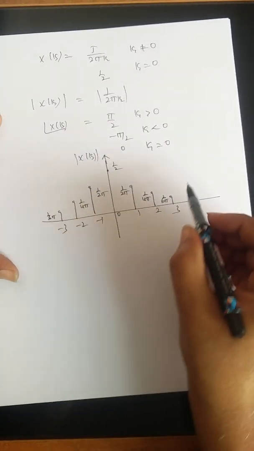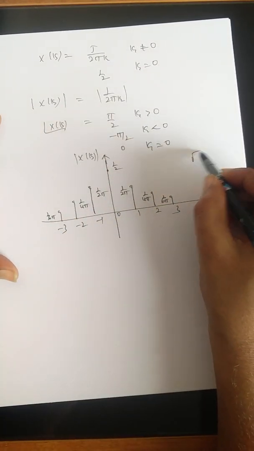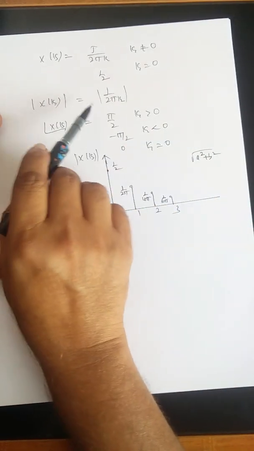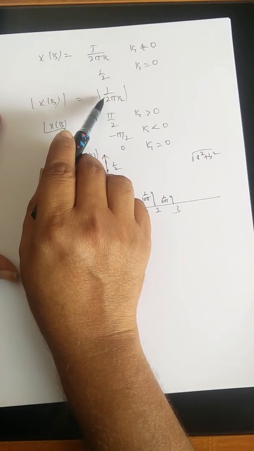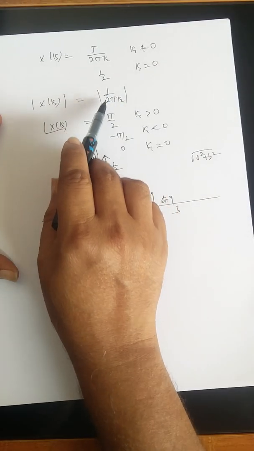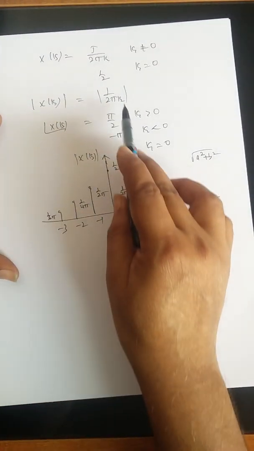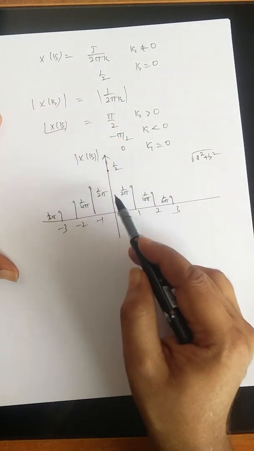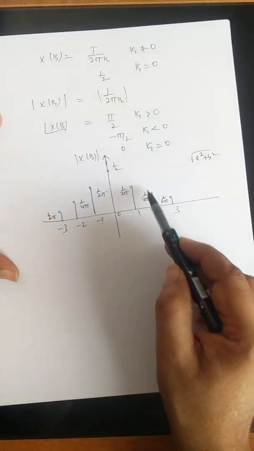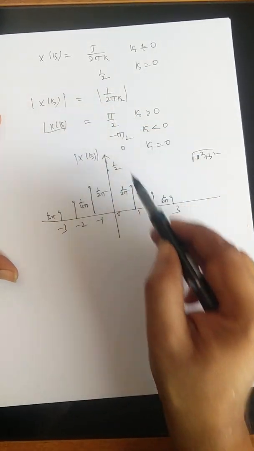You should calculate the magnitude using the root of real part square plus imaginary part square. Here only the real part square is there, imaginary part square is not there. Its magnitude is 1 divided by 2 pi k. When k is 0, this is 1 by 2. When k is 1, 1 by 2 pi. When k is 2, 1 by 2 pi into 2 is 4 pi.